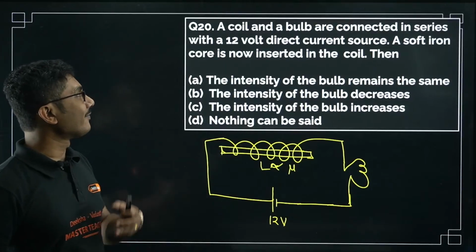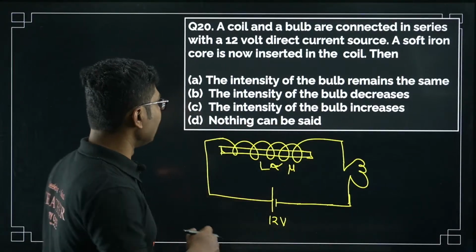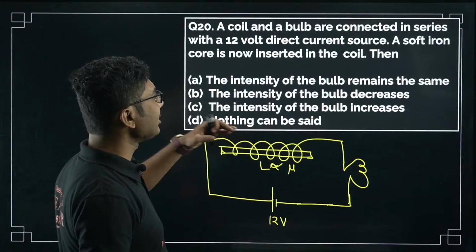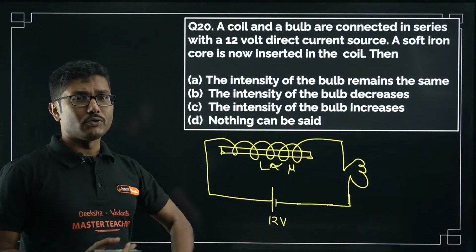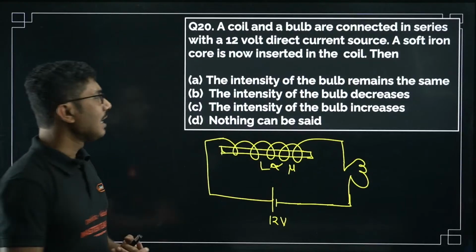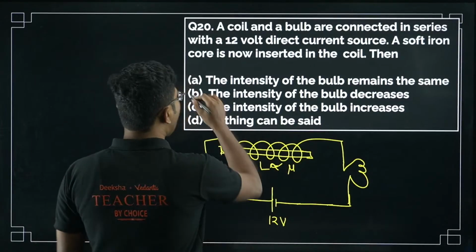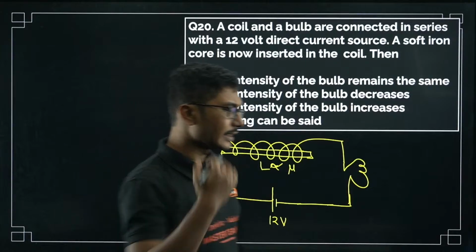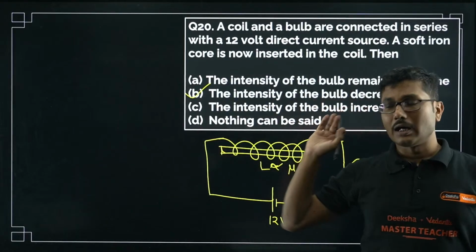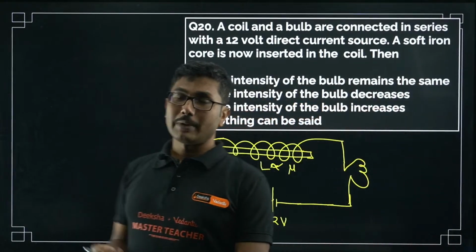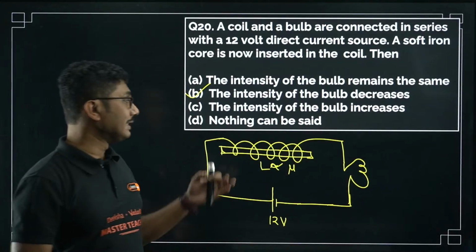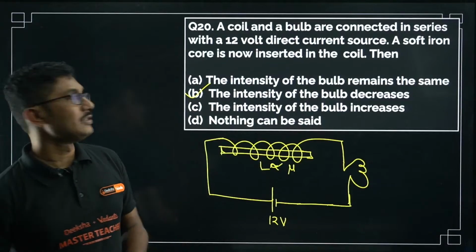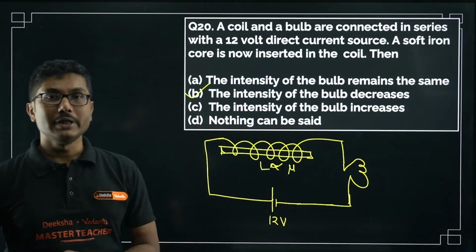So immediately after you insert it, the intensity of the bulb decreases because it opposes the flow of current. After a certain amount of time, the intensity will be restored. But initially, as soon as you insert the iron core, inductance increases, which means the intensity of the bulb will decrease.